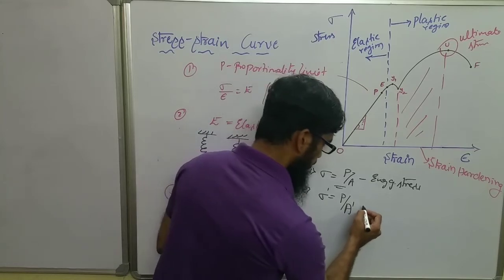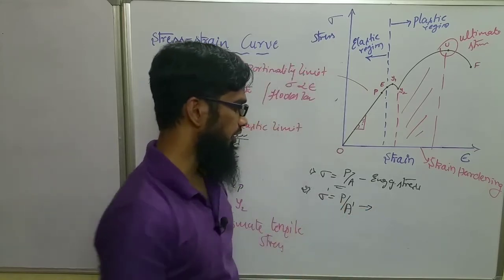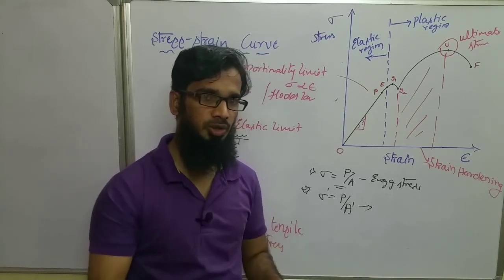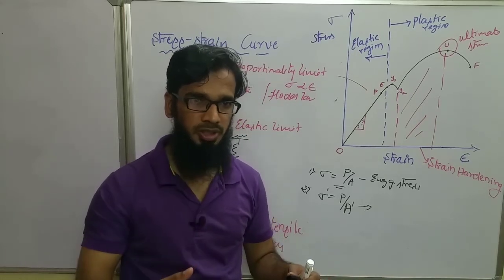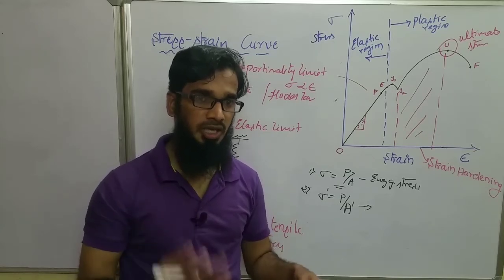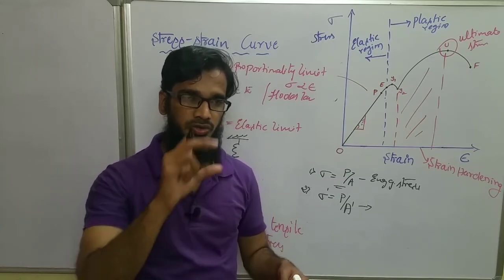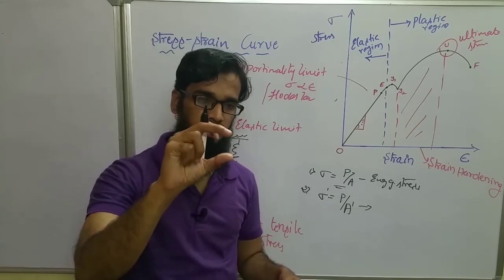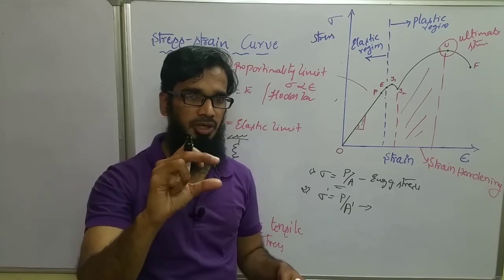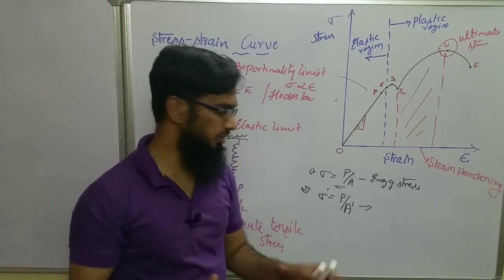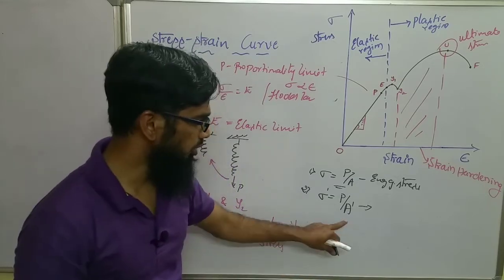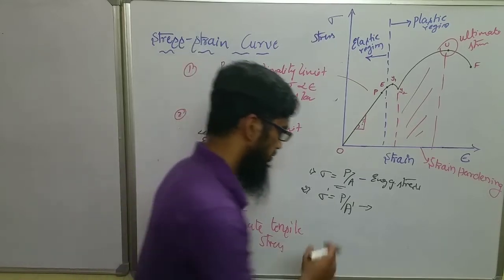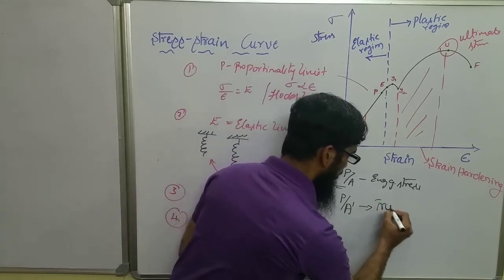A dash is the instantaneous cross sectional area, meaning the cross section of the material at any particular time. If I take the necking region, I take the lateral dimensions, the diameter at that necking, and calculate the area A dash. This sigma dash is the true stress.